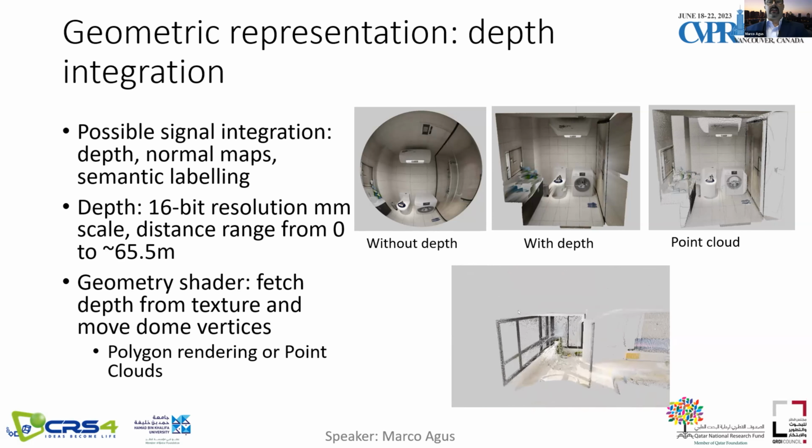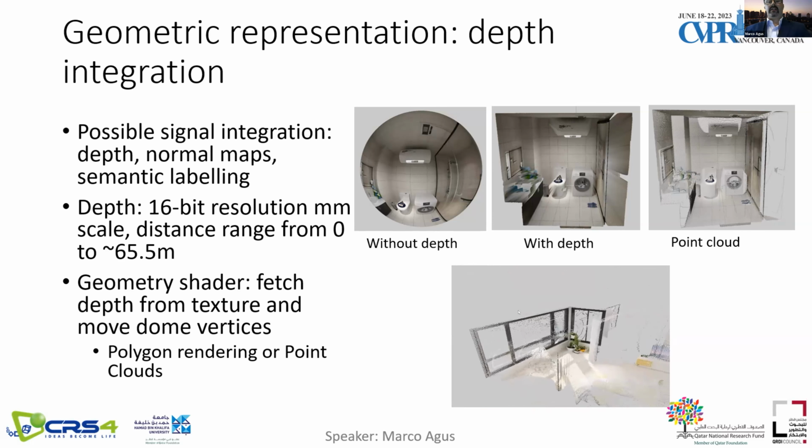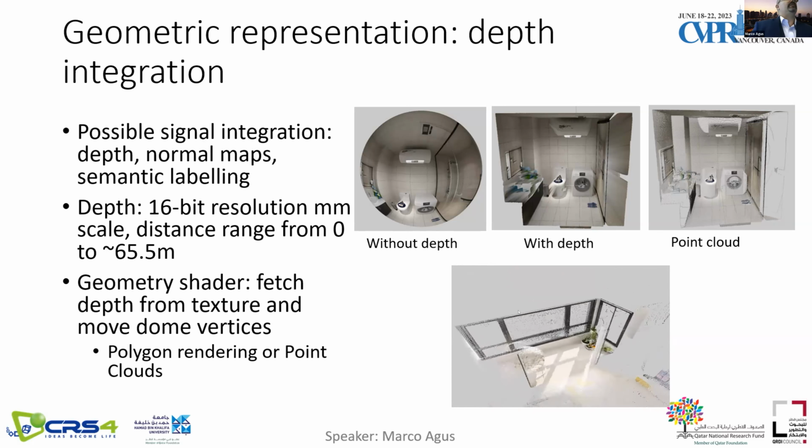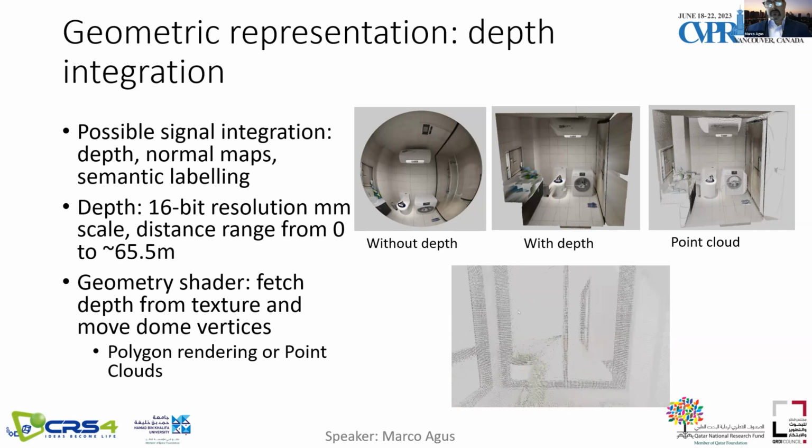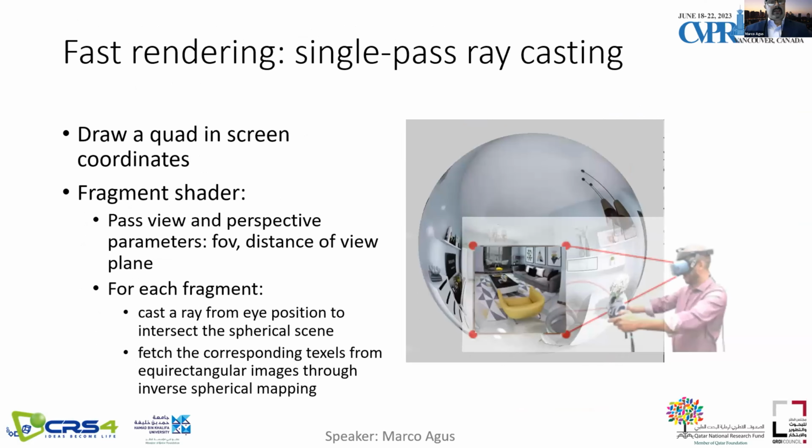So here you can see an example of an indoor panoramic scene converted into a point cloud. And of course, you can also have a faster way to perform the perspective projection from indoor panoramic scenes by performing a single pass raycasting on screen coordinates.